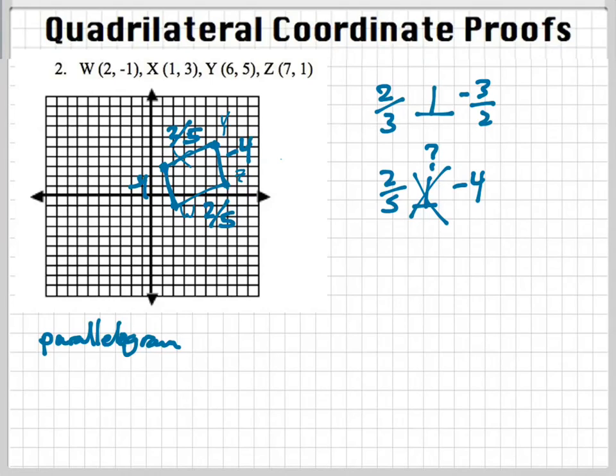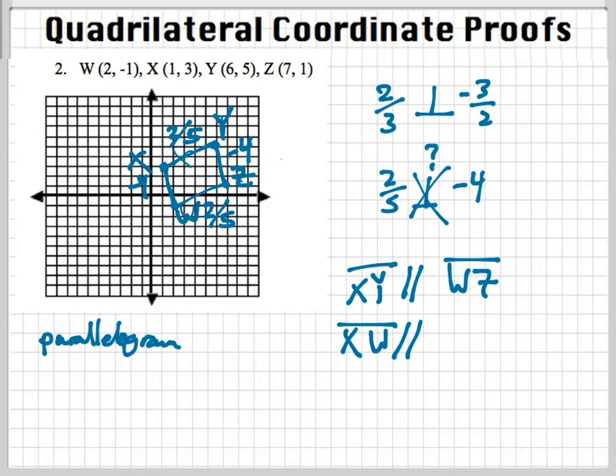So I'm going to write this. Because the sides are parallel, let's see. I didn't label my sides. This is X right here, that's Y, that's Z, and this is W. So XY is parallel to WZ, and the other one was XW, which is parallel to YZ.